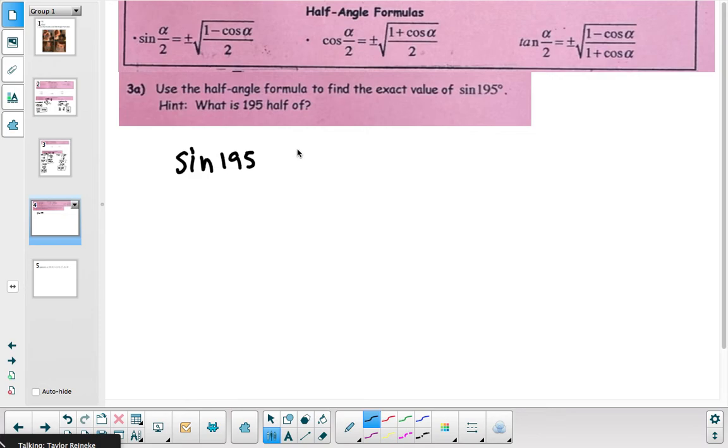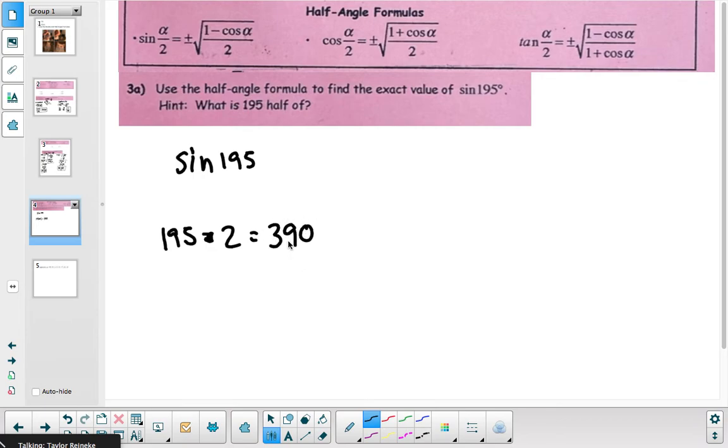195 is half of a number, and that half of a number, we're just going to double to figure out what it is. If we double this, we get 195 times 2 is going to be 390. And we know what this is.